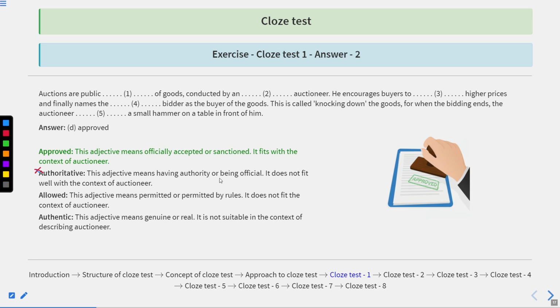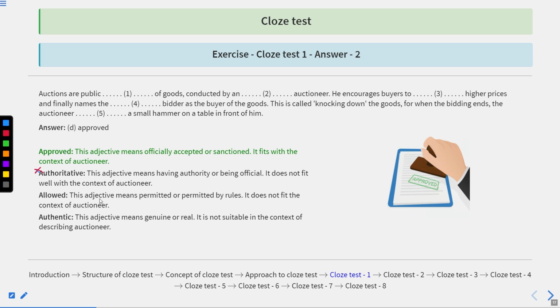It means somebody having authority or being an official. It does not overall fit into the context of a typical auctioneer. There may be some auctioneers who may be appointed authoritatively, but approved is a better word here between the two.